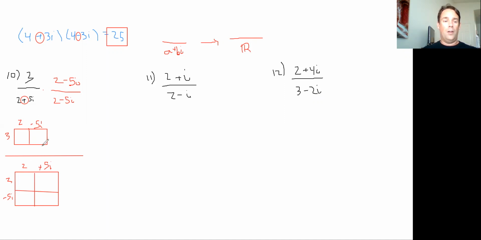So on top, I got 6 minus 15i. And on the bottom, I have 4 plus 10i minus 10i minus 25i squared.